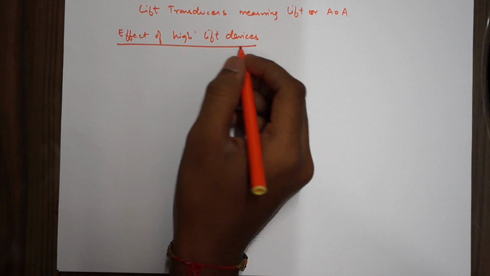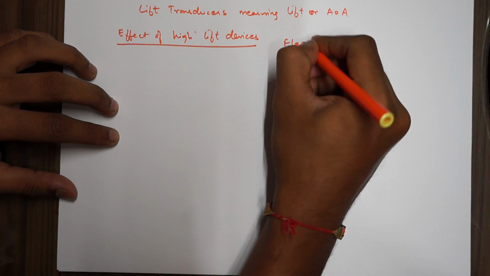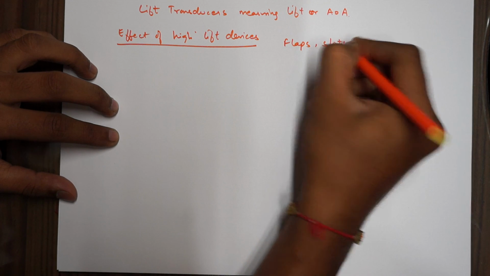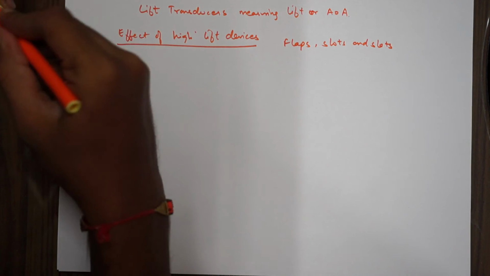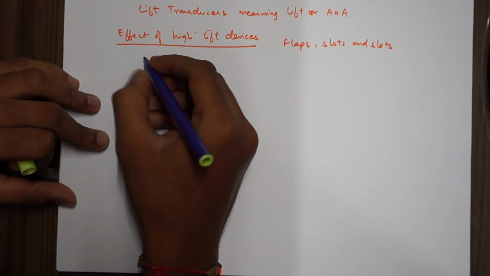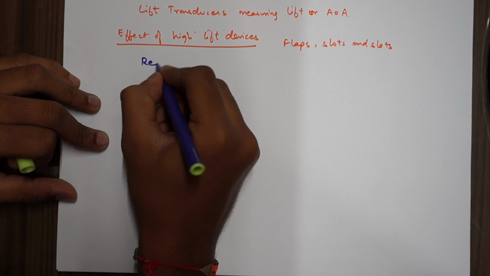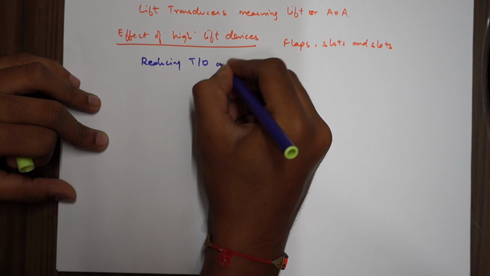Okay, so high lift devices, what are high lift devices? They are generally flaps, slots and slats. Now what are they used for? They're used for reducing takeoff and landing distance.